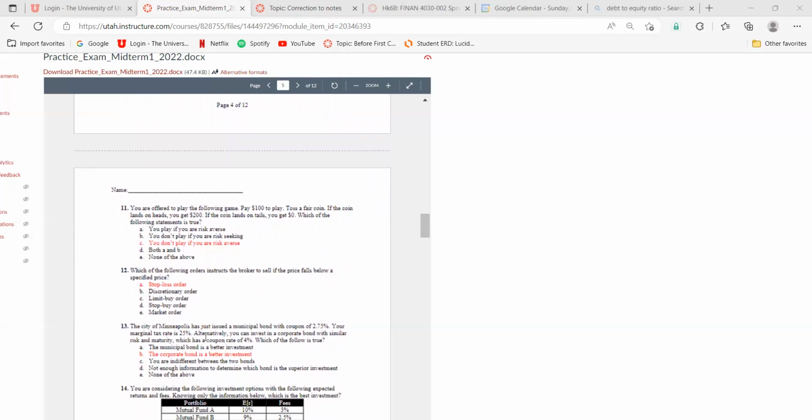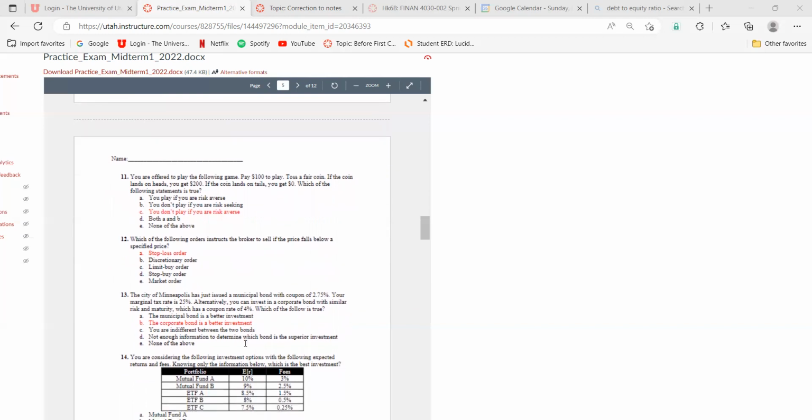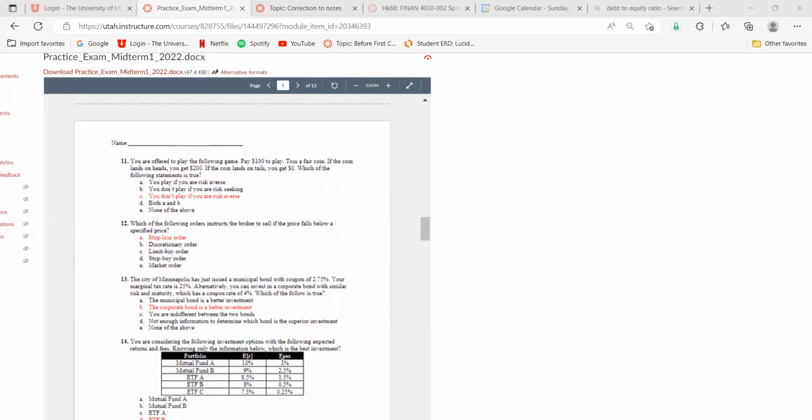I don't think beyond having to compare corporate bonds with municipal bonds, it won't be that much, no. He'll give you a tax rate, and then he'll give you two yields, one on a municipal bond and one on a corporate bond, and you've got to apply one minus the tax rate to the corporate yield to compare the two.